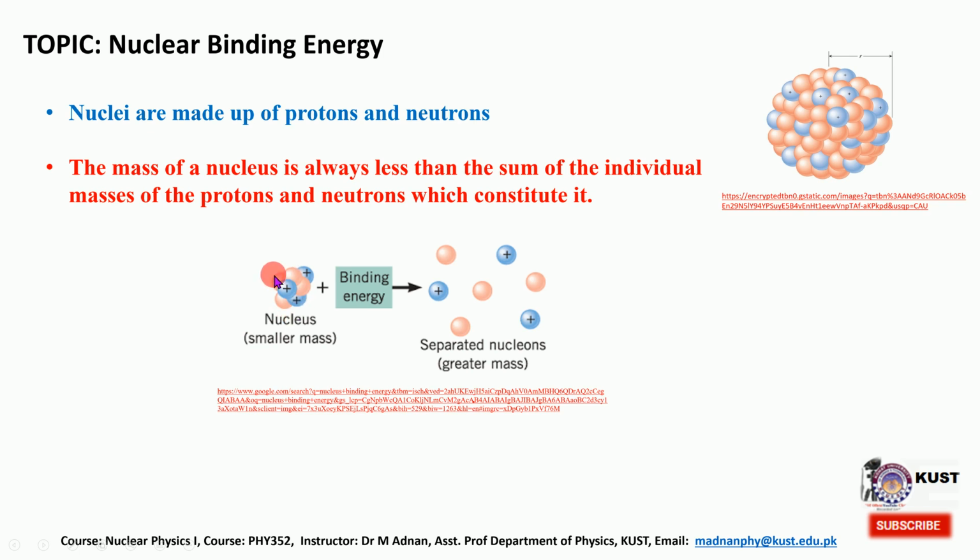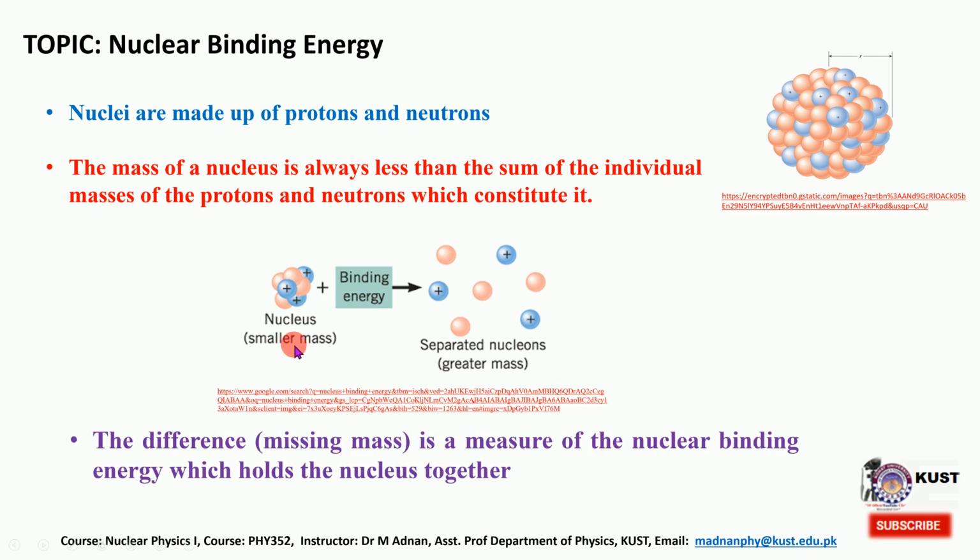Now, the fact is that the mass of this nucleus is somehow lesser than the mass of 4 neutrons and 3 protons. That is, there exists a difference of mass, and that mass actually appears as binding energy. That is, this much energy is required to separate these nucleons. Now, those nucleons will be having greater mass than that system.